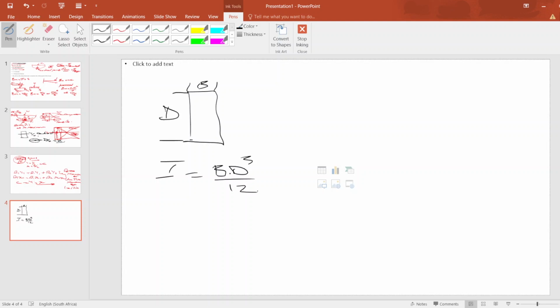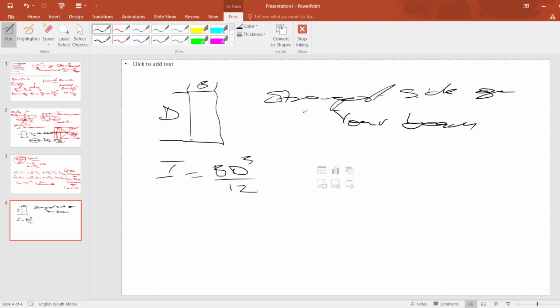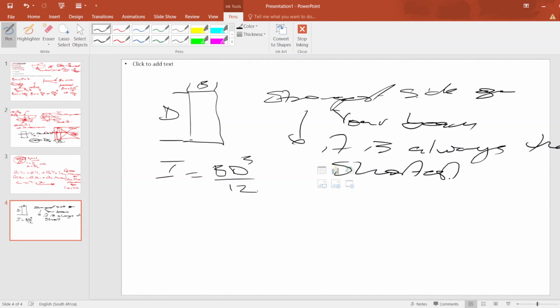Now when coming to moment of inertia, you are always working out your beam from the strongest side of your beam. And the strongest side of your beam is always the shortest side of the beam, right?